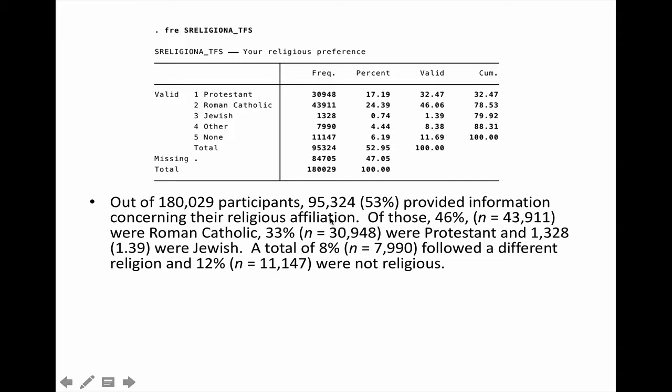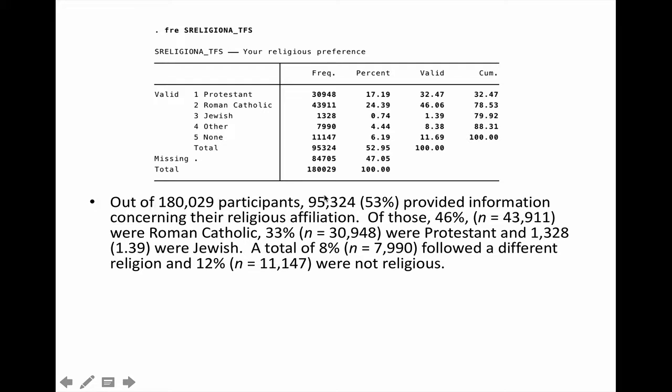Now I've got to tell the story, and there's no one exact way to do this. What I did is I started with the mode and worked my way down. Of those, and I'm reporting valid percents because I'm talking about the 53% of the total sample that gave us information.